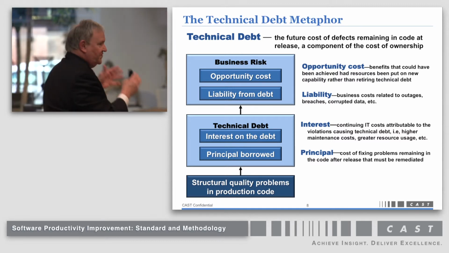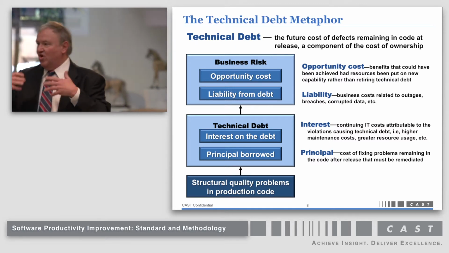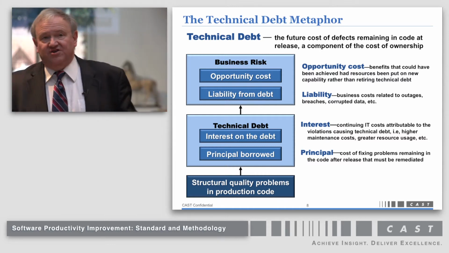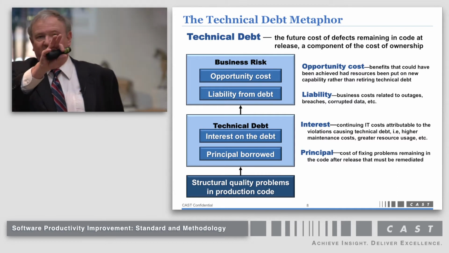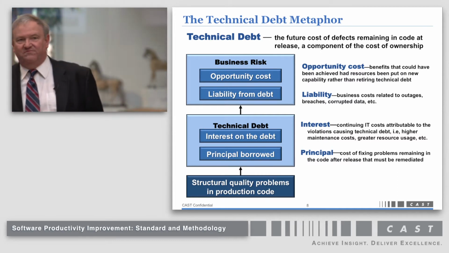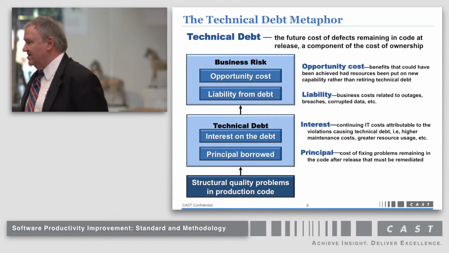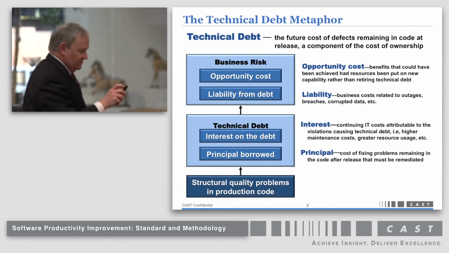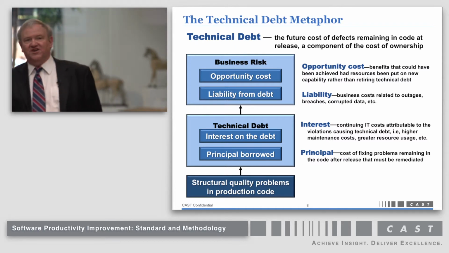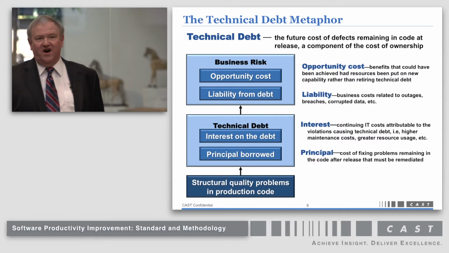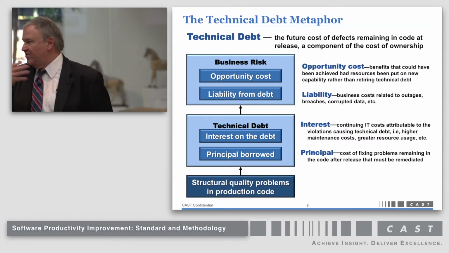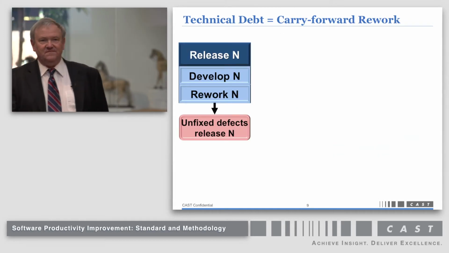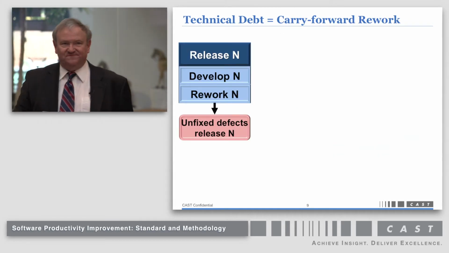I'm spending my time fixing problems rather than building new code to compete in the market, and so we have a lost opportunity. So the technical debt metaphor gives us the ability to speak with the business in terms they understand, but still capture the notion of what's going on in application development and the kinds of risk and cost we're putting out in the environment when we put code into production that's not of high quality.